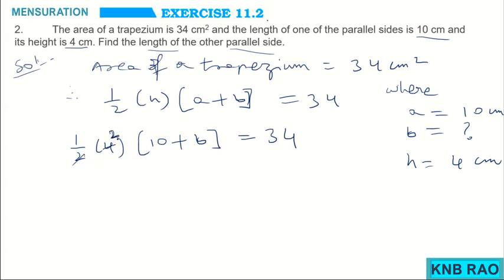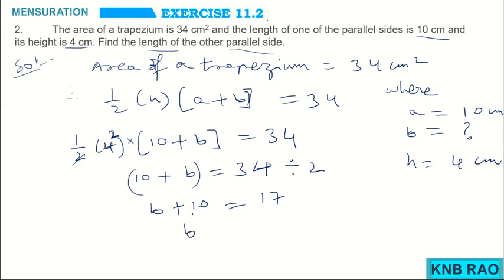So this 2 which is multiplying here, if it comes this side, it divides. So 34 divided by 2 gives you 17. So b plus 10 equals 17, and this addend transposed to the other side becomes subtrahend. So 17 minus 10, thus the other side is 7 centimeter. You can write the conclusion. This is how we solve this question.